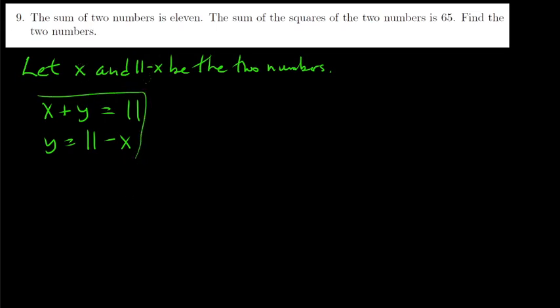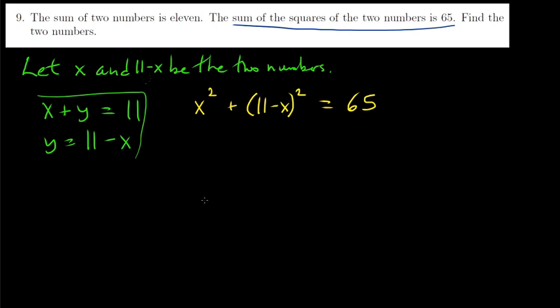And what do we know about these two numbers? We know that the sum of the squares, okay, same thing that we had earlier, is 65. So if we square them and then add them up, we should get 65. Right, so now we just have to solve this equation, and that'll give us x. So multiply this out, you get x squared plus 11 squared minus 2 times 11 times x plus x squared equals 65.